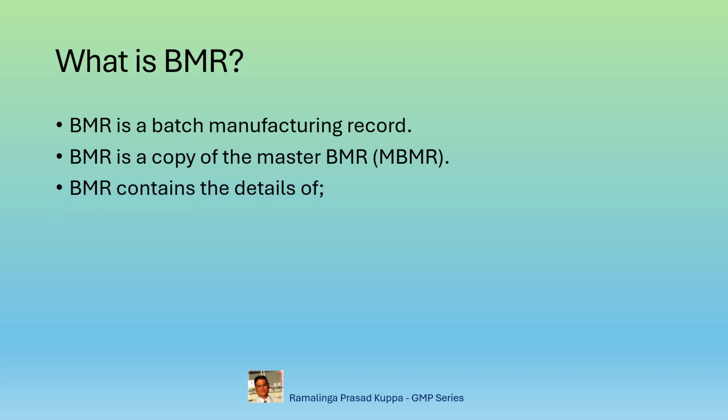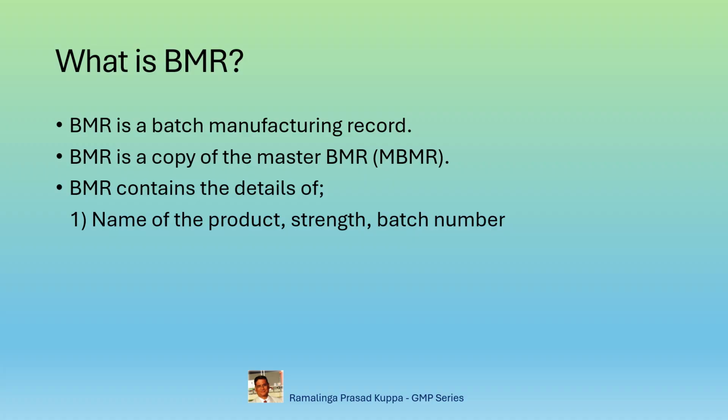BMR contains the details of: 1. Name of the product, strength, batch number. The QA issued BMR contains product name and strength and unique batch number. Date of issue will also be recorded by the issuing authority. 2.